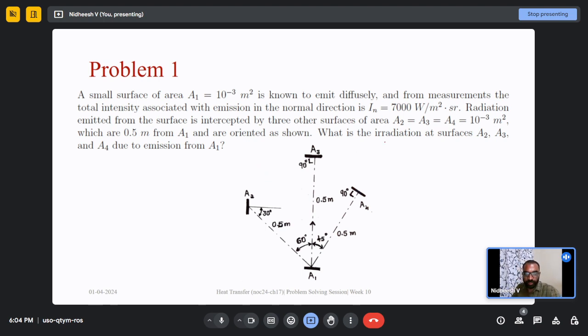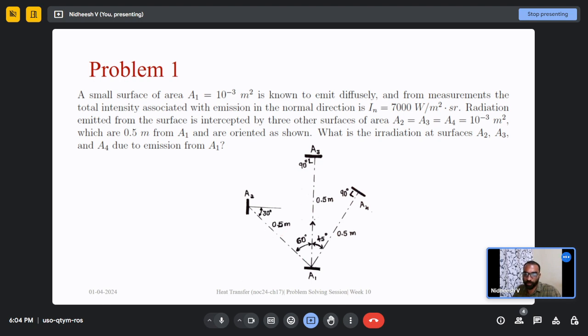First, let's discuss the question. There are 4 surfaces given to us, and all 4 surfaces A1, A2, A3 and A4 have the same area, 10 power minus 3 meter square. Among these, A2, A3 and A4 are each placed at a distance of 0.5 meters from surface A1, but at different orientations.